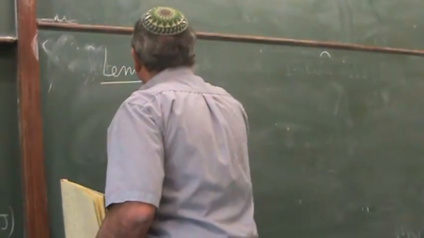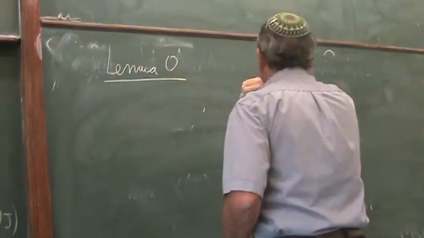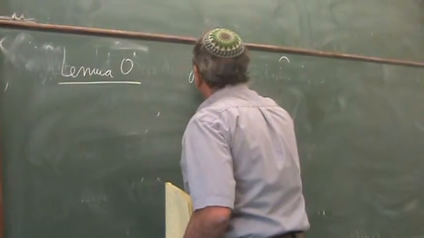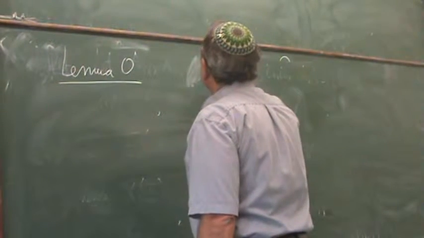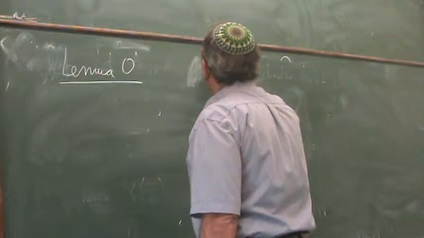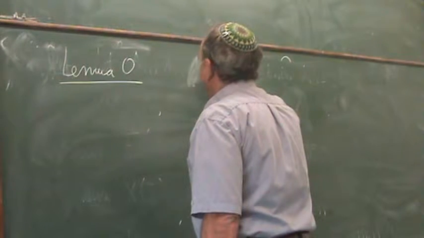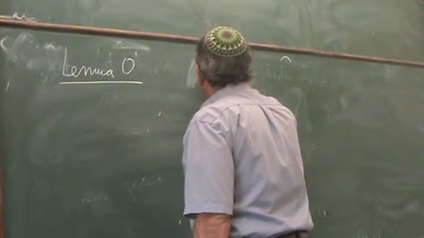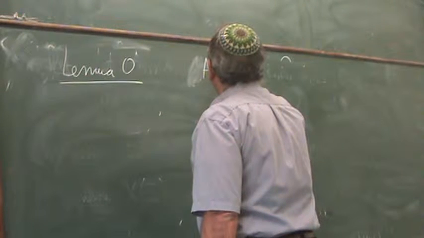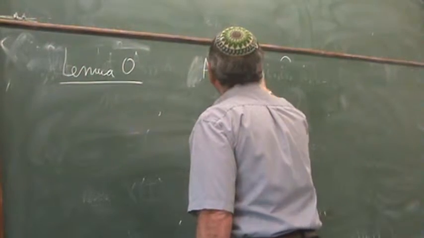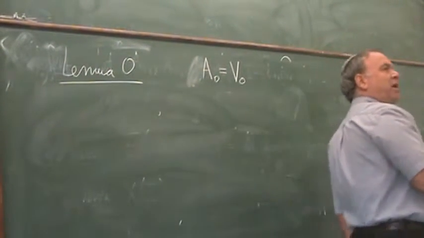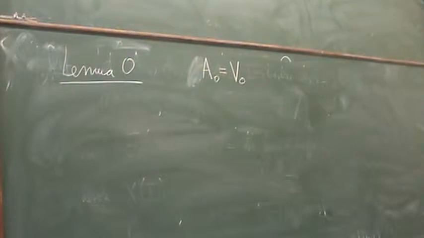Lemma 0, which is really just a corollary of the notation, is the following. I'll do it for one of them, but it's the same thing. Take A0 to be the full set V0, all the vertices of type 0.